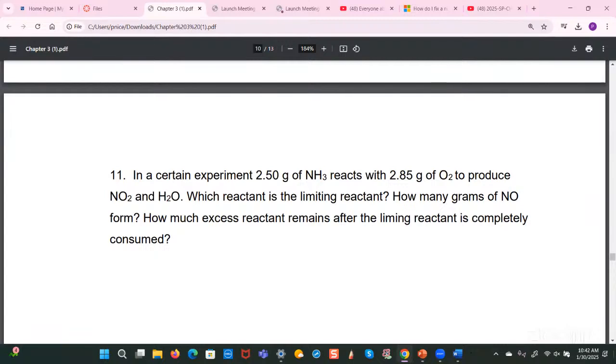Divided by 18.02 times 2, so this here should be 1.52 times 10 to the minus 4. So when you divide 0.00132 by 1.52 times 10 to the minus 4, you get 8.6.